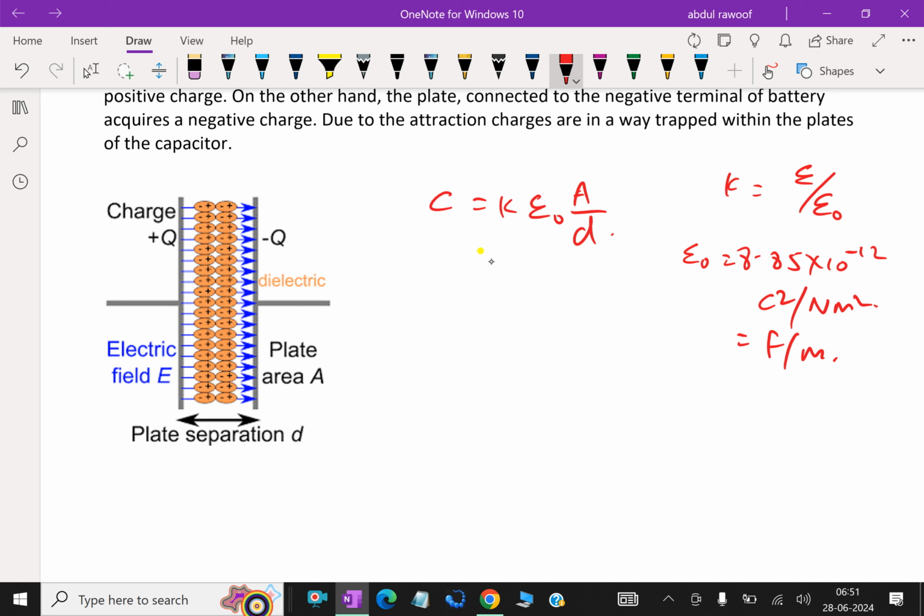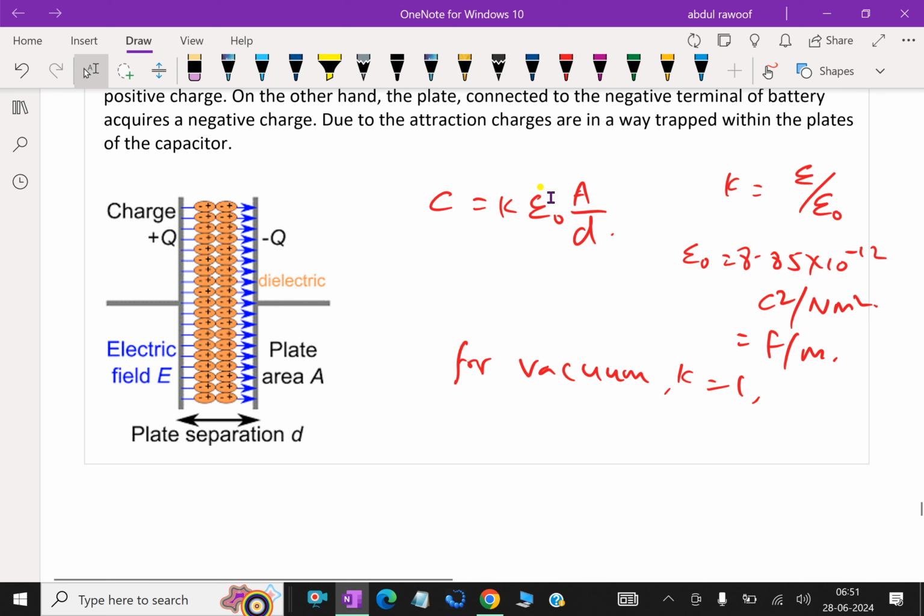For vacuum, K equals 1. For other dielectrics, it varies.